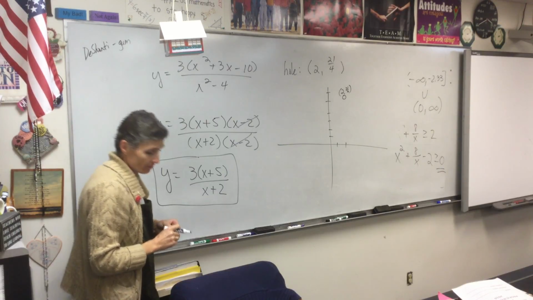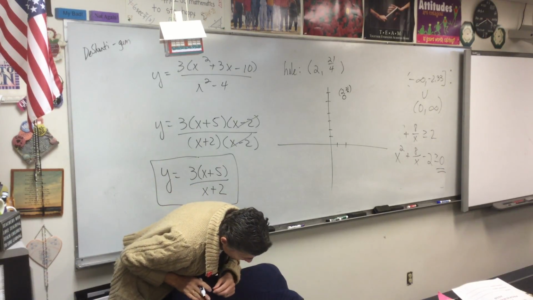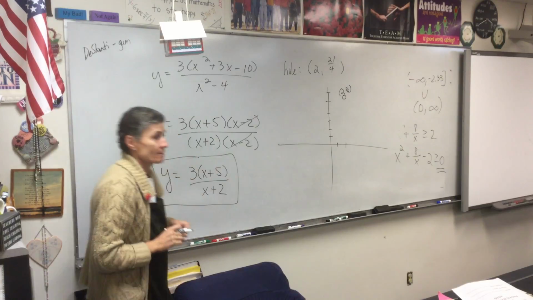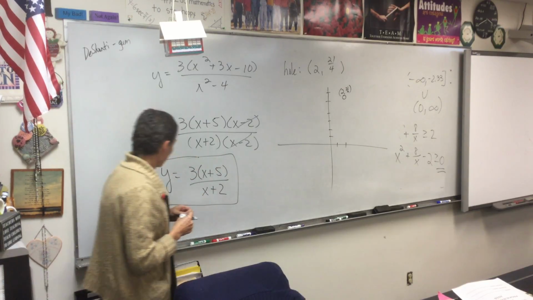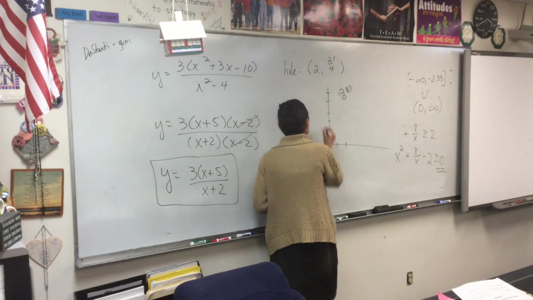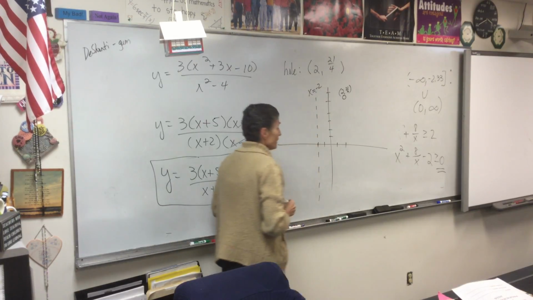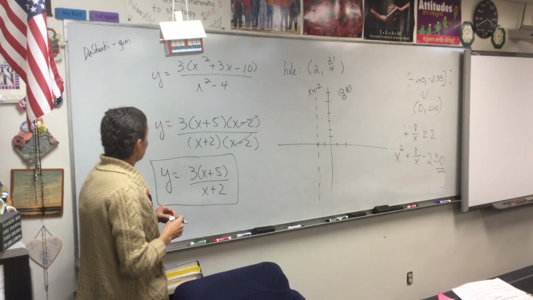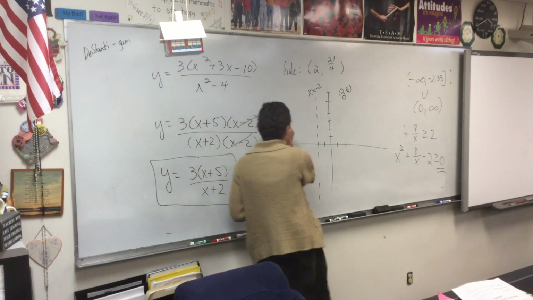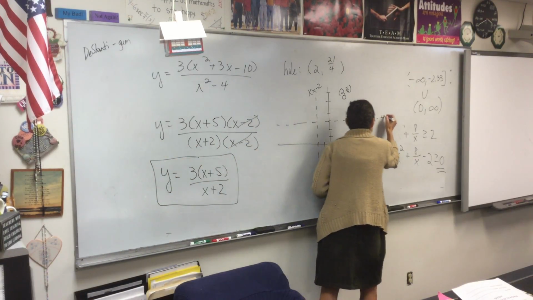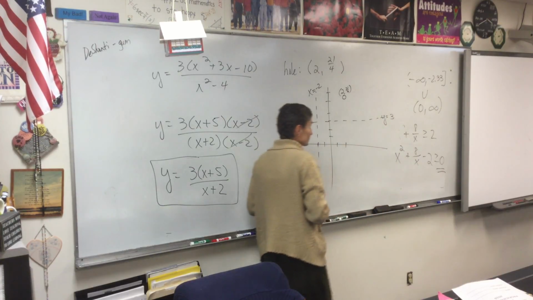All right, what else can you tell me? Let's see. We're supposed to be finding asymptotes and intercepts. Vertical at x equals negative 2. Very good. Horizontal at y equals 3. Now, don't be confused on the test.